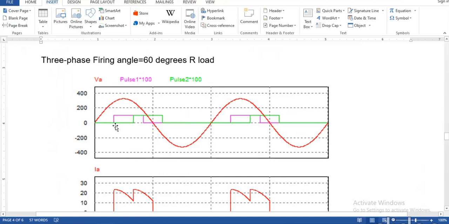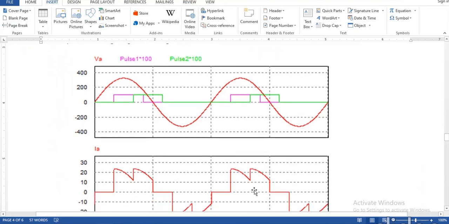When the firing angle is 60 degrees, this is where I am applying the pulse for A phase, and this is the pulse for the next phase, B phase. So whenever the A phase pulse is conducting, the current as well as voltage have to be VAB divided by 2.